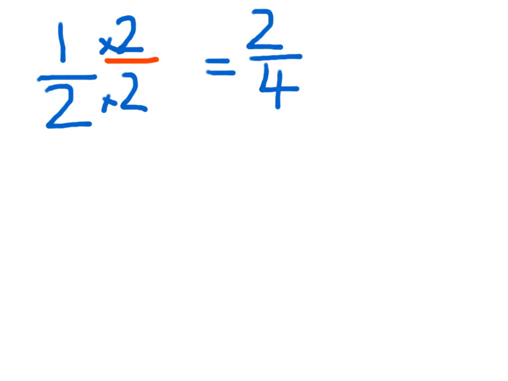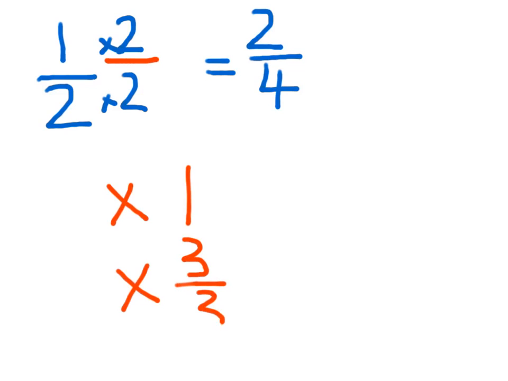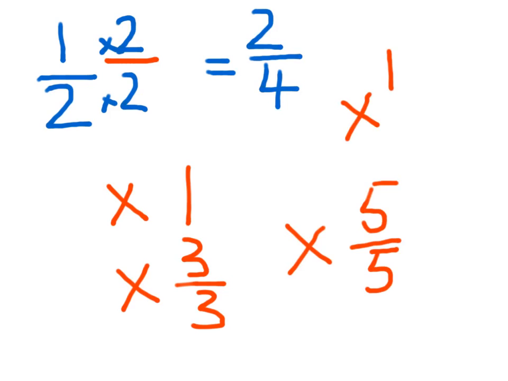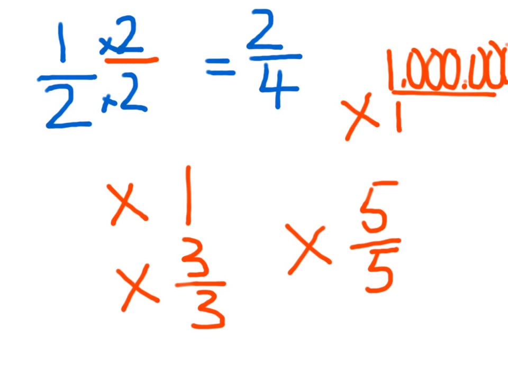So it still is the same thing, or it's still equivalent, because we could also be multiplying by 1, that's another whole. We could also multiply by 3/3, or 5/5, or even we could multiply by 1,000,000 over 1,000,000. And because we're multiplying by a whole, the fraction doesn't actually change its value. They're still equivalent.